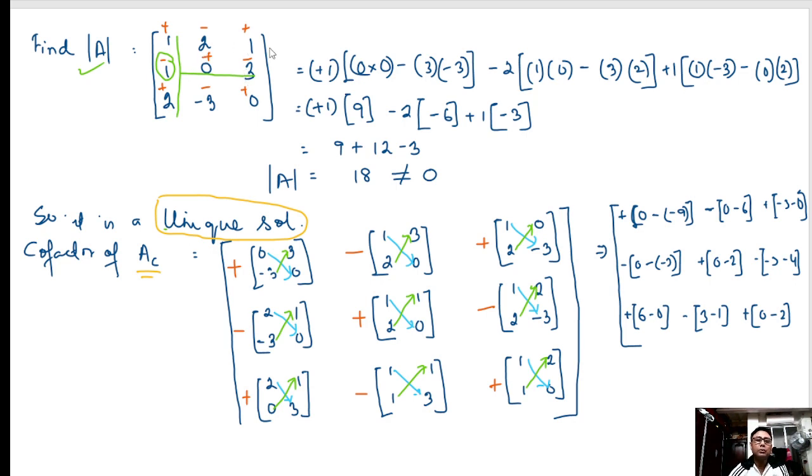So what is left? 2 1 3 minus 3 0. So here I have taken. If you take this position, you cannot take this row and this column. What is left? 1 1 2 0. So here I have taken.